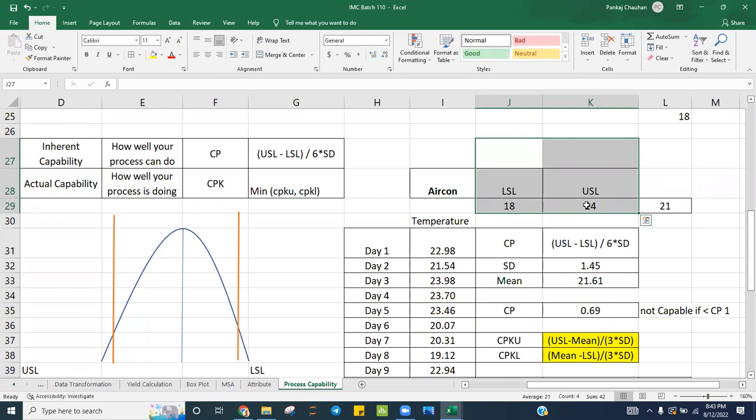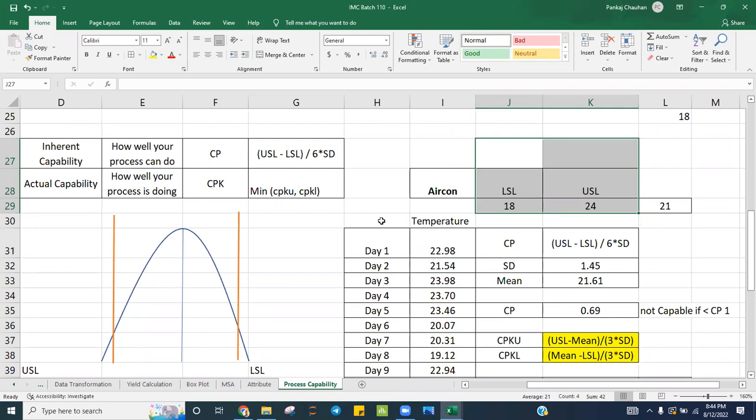Is this motor is not working, or so many of the things, right? So those things you will be figuring out and fixing them permanently. That's what practically we'll do. And that's the objective of doing the process capability. It will give you an idea that which side and how much we are supposed to work.